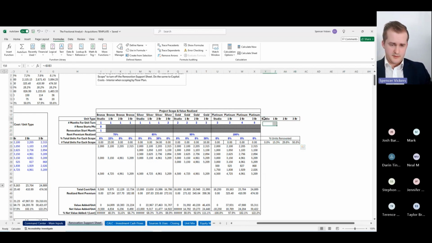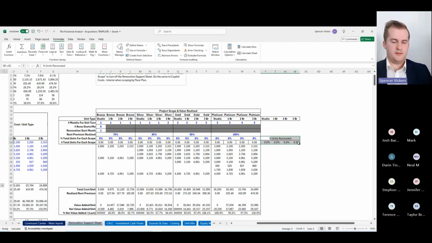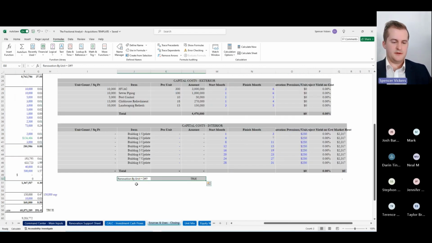If these are currently more than 0, then there's some units being renovated by floor plan. So we would come over here, total units for each scope, and zero all of these out. That's going to zero out the percentage of units that are renovated, and that'll come over to the sources and uses for the closing tab and tell us that you're not renovating anything by floor plan right now, so you're good to use the interior by building module.